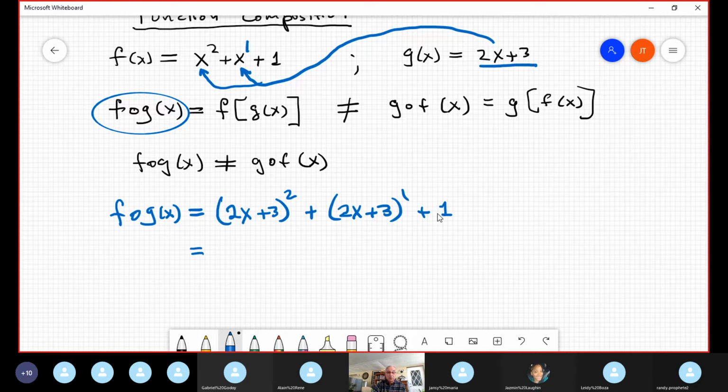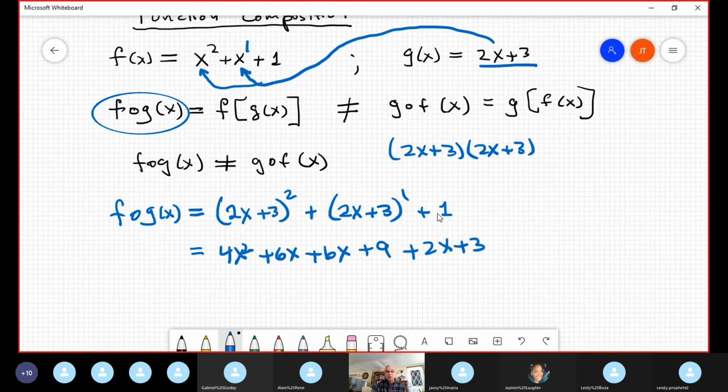I need to do something here. You FOIL 2x plus 3 times 2x plus 3, which is 4x squared plus 6x plus 6x again plus 9. Because it's 3 times 3, plus 2x plus 3 to the power 1, plus 1.